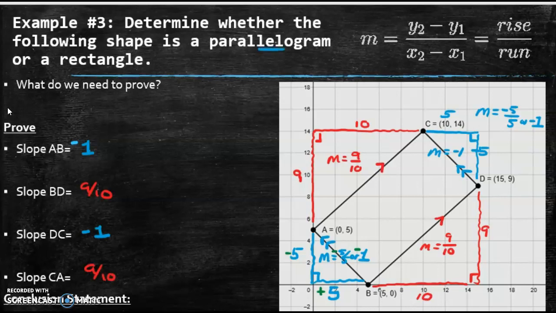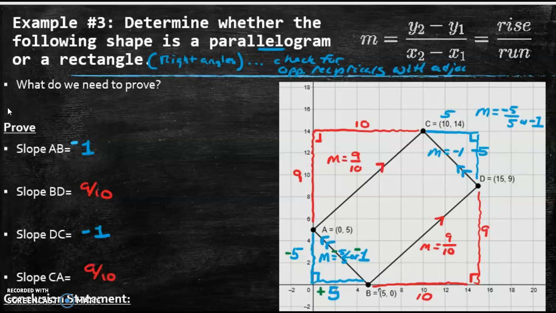But let's see here. If it's going to be a rectangle, remember, rectangles got to have right angles. And it needs 4 of them. So we got to check for opposite reciprocal slopes with those adjacent sides.